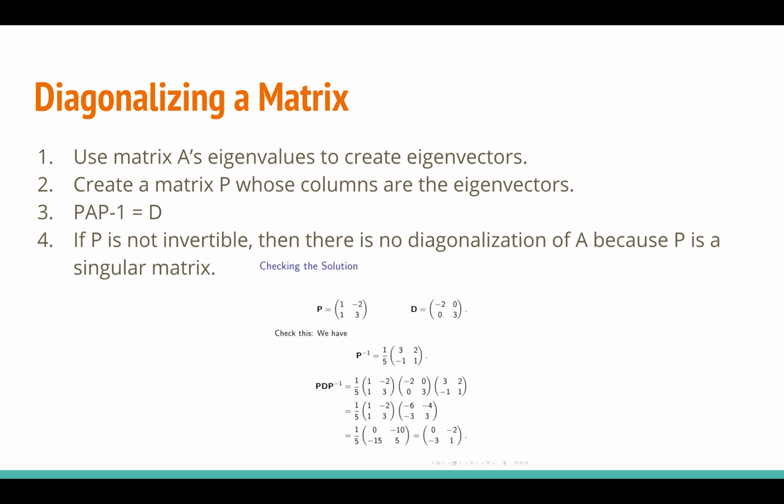in column form. If P is not invertible, then there is no diagonalization of A because P is a singular matrix. P being a singular matrix means that the eigenvectors do not span an area. They do not span an area.